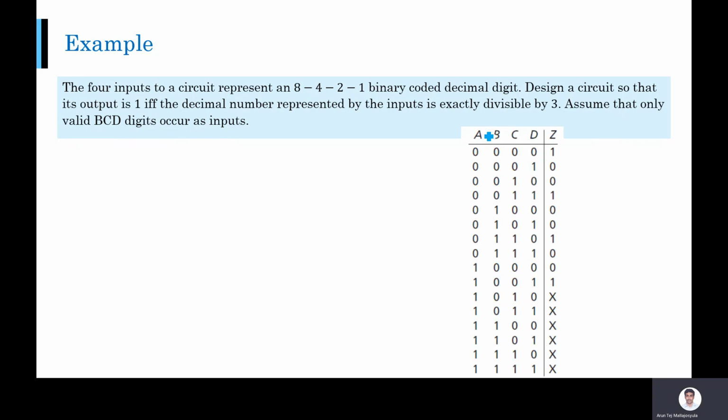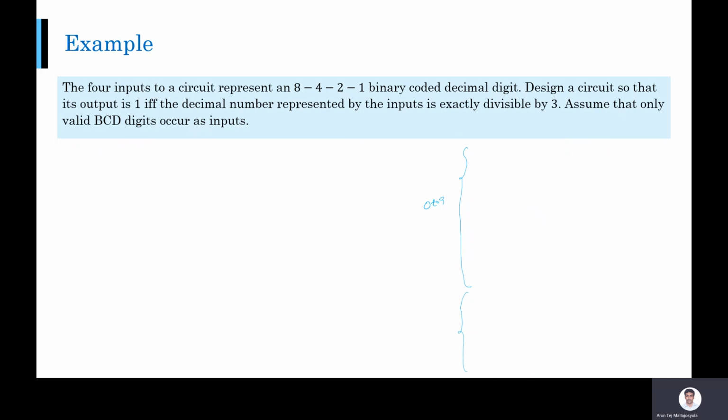A, B, C, D. If you are assuming that your inputs are A, B, C, D, this is MSB, this is LSB, then these are your 16 combinations, 0 to 15, representing 0 to 15 by these weights. But you are assuming that only valid BCD digits occur as inputs. So obviously your inputs will be from 0, 0, 0, 0 to 1, 0, 0, 1, right? 0 to 9. The other combinations do not occur.